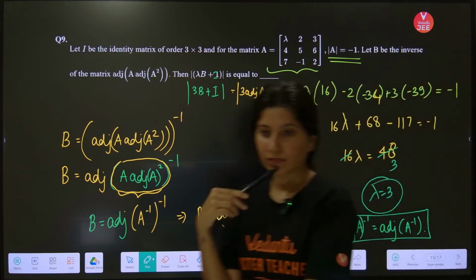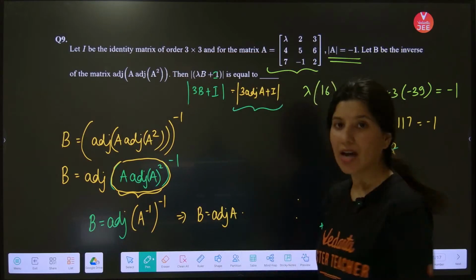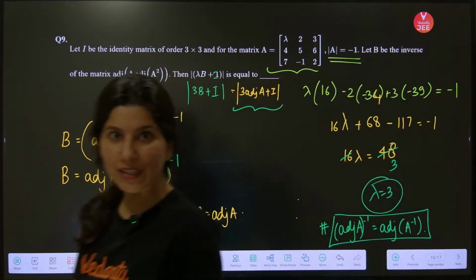Now, one way is to calculate adjoint A and then solve it.